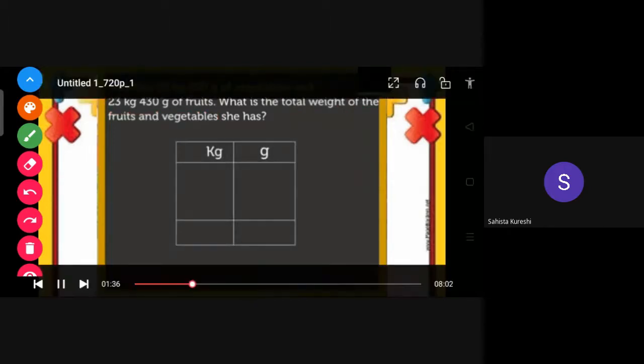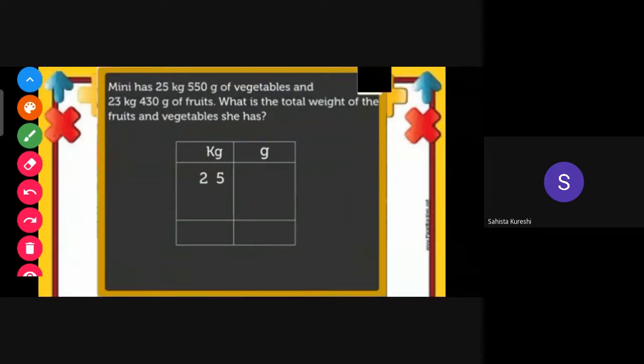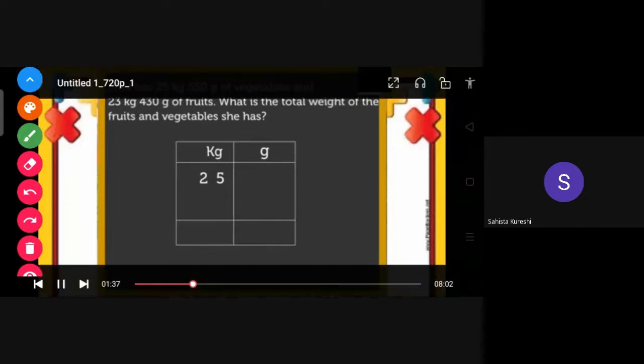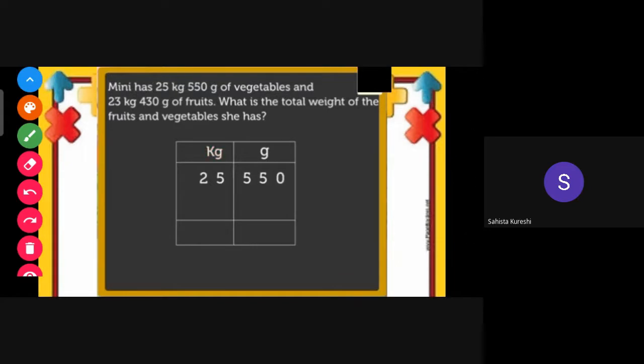Suppose rupees and paise, two things are given, so we give two headings. We write like this. Same way, whenever kg and g, kilogram and gram, both are given, we have to give two headings and write separately. Then we can add. So this way you can arrange the numbers.